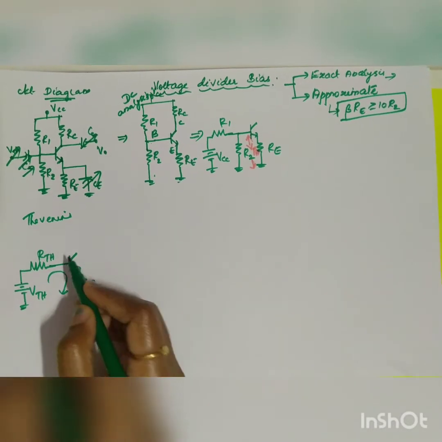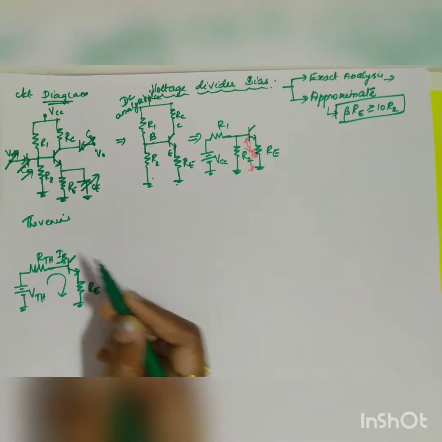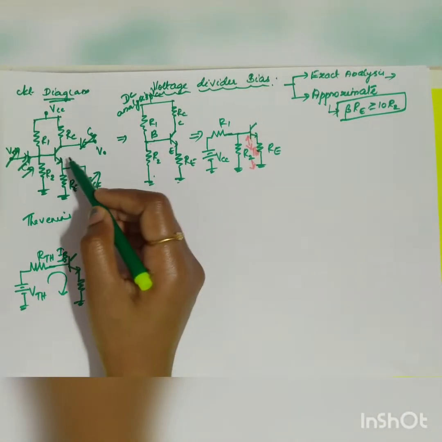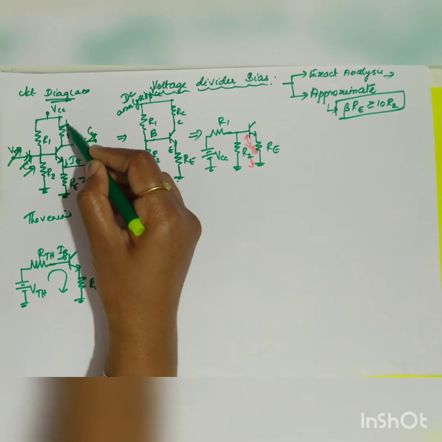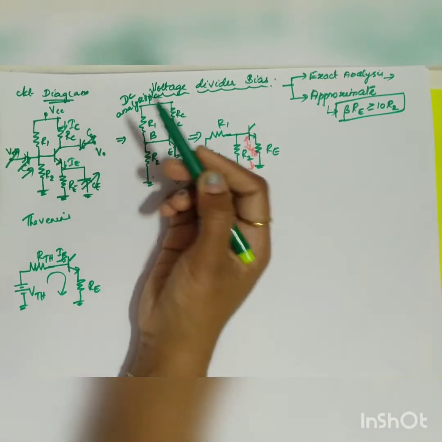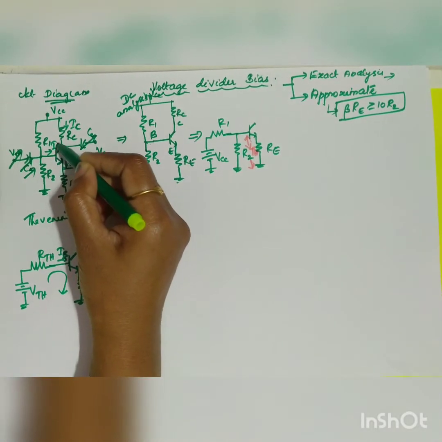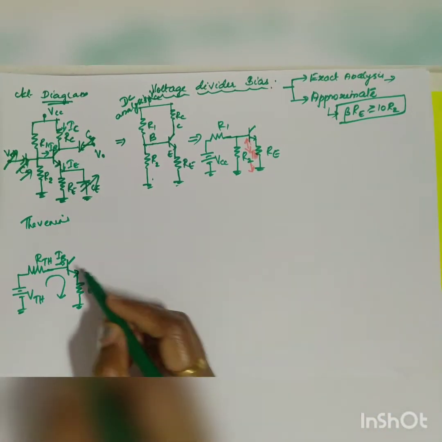This will be your corresponding current, IB. Before that, let me give the direction of the currents. IE is flowing outwards, so this is towards IE, this will be your IC, and towards your base will be your IB. These are the three currents.